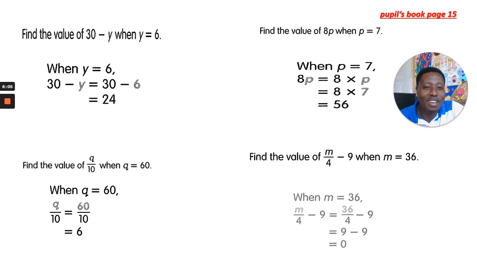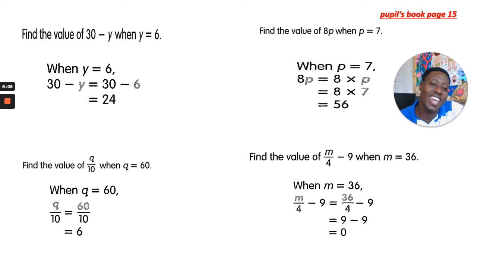And 9 minus 9 is, yes, 9 minus 9, 0. That is it. So 36 divided by 4 first, minus 9. Don't say 36 minus 9 divided by 4. Don't do that. Divide before you subtract. All right? Good. Let's look at more examples. We've seen 4 examples over here.